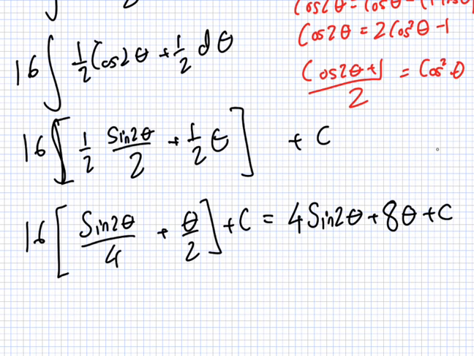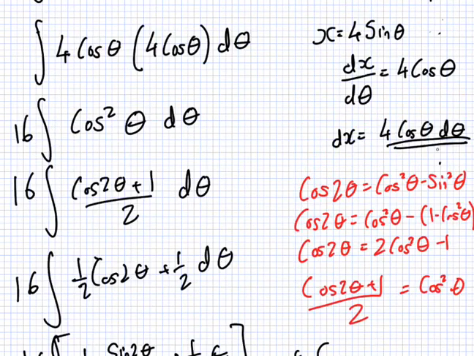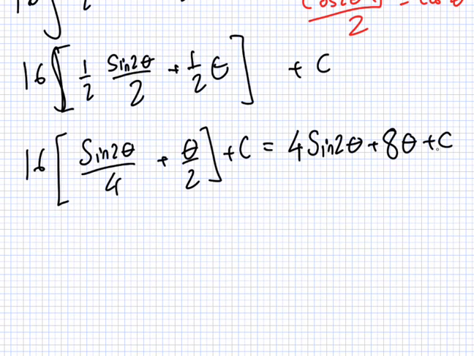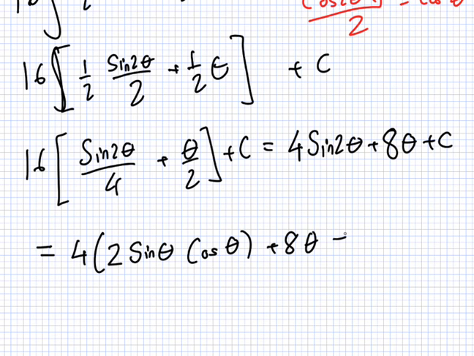Now we need to remember what theta is. Sine theta is x over 4. Using the other double angle, sine 2 theta is 2 sine theta cos theta.